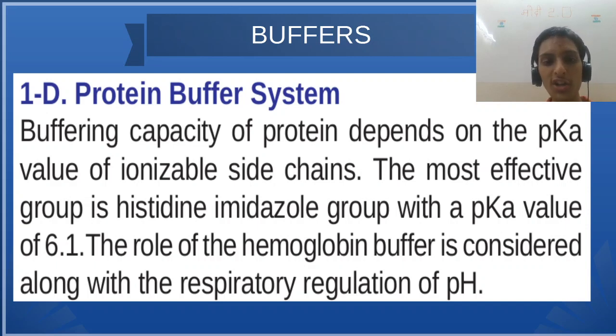Histidine. It depends on the dissociation constant of the imidazole of the histidine, which has a pKa of roughly 6.7. You can take 6.1 also, there is no issue in that. So the protein buffer depends on the amino acid histidine, its imidazole, and its dissociation at a pKa of 6.7. This is the point.